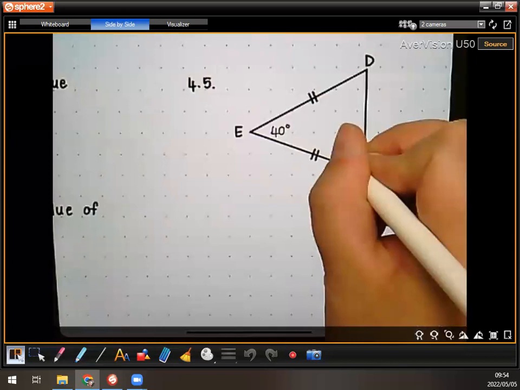Oh, sorry, in 4.4, I forgot to write the letters. So this is A, B, C. There are no letters in 4.1, it's just a triangle, just like that.